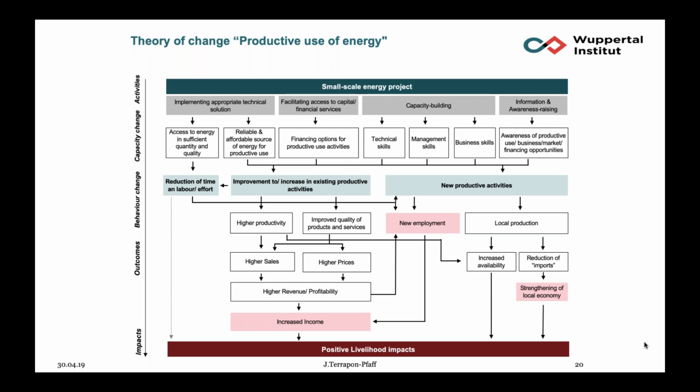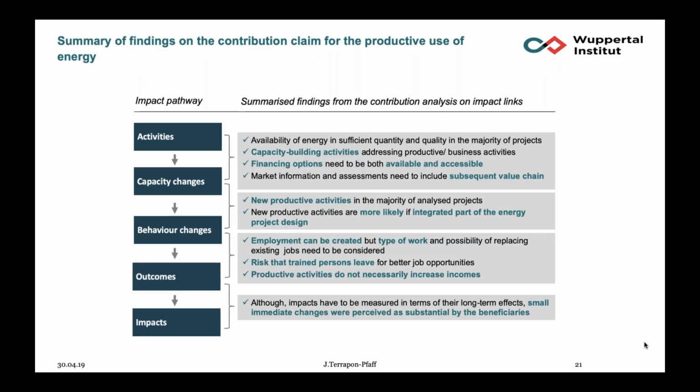Just to give a short overview of the results from our impact evaluation, now we can go to the next slide. What we found was that capacity building activities should definitely address the productive use and the business activities, not only the energy system.